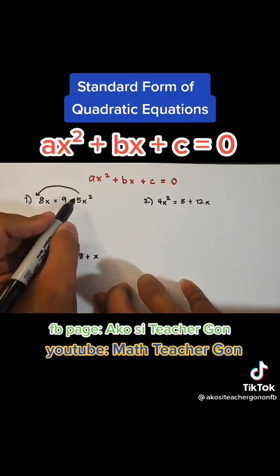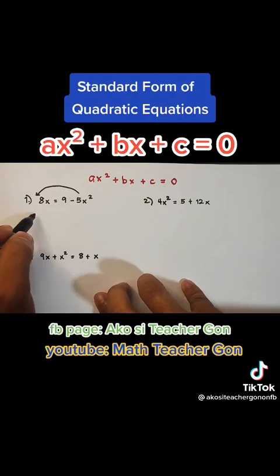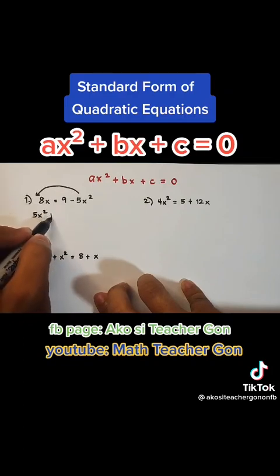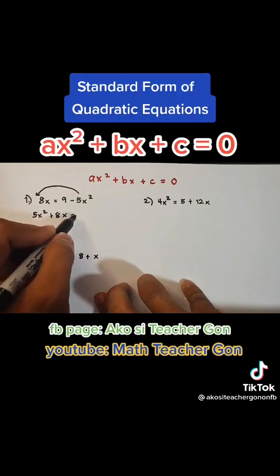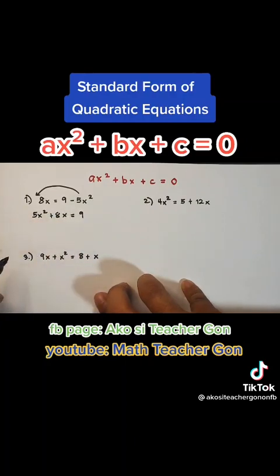If this is negative, it will become positive. So it goes like this. We have 5x squared plus 8x is equal to 9. As you can see, after transposing negative 5x squared to the other side of the equation, it became positive.